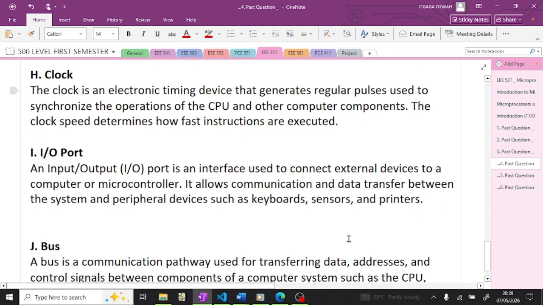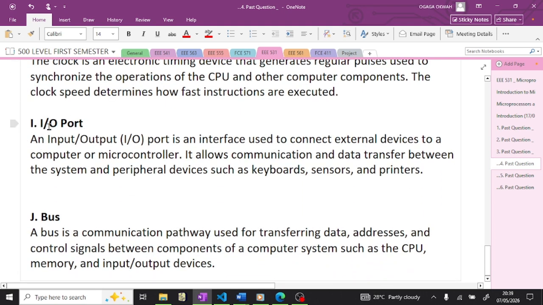Okay, now the next one is what? Input and output. This is IO ports, meaning input and output ports. An input and output port is an interface used to connect external devices to a computer or microcontroller. They are like your sense organs, eyes, ears, skin, tongue, and nose, which perceive.